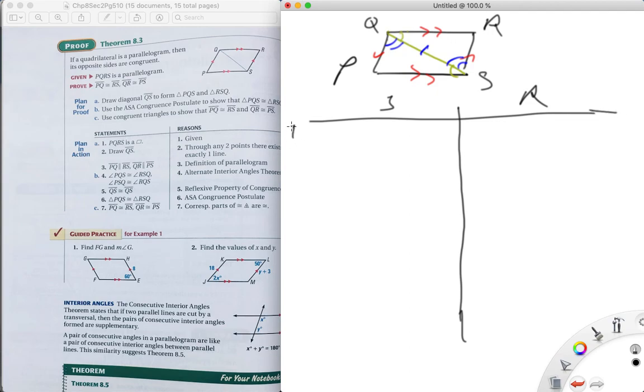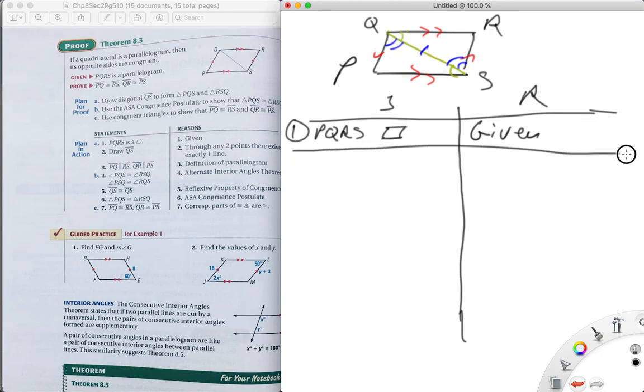So the first step is my givens. It's a parallelogram. You can write the little parallelogram symbol for saying parallelogram in these proofs. Next step, we say, okay, we can draw some arbitrary line, QS.